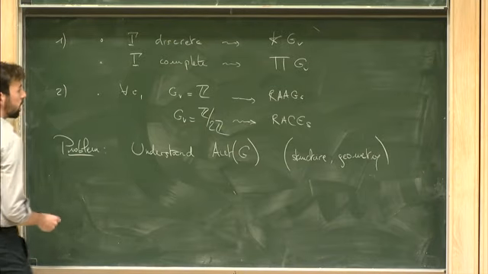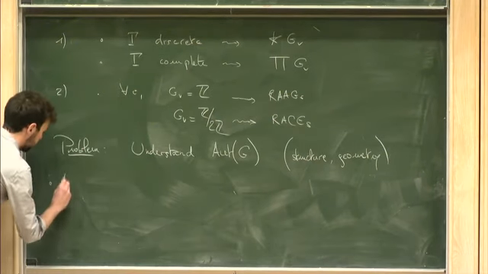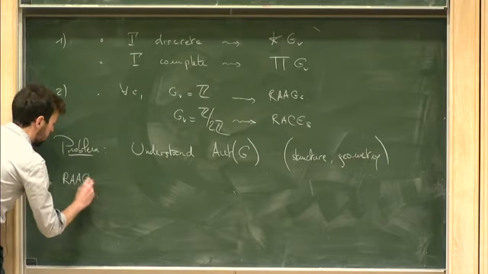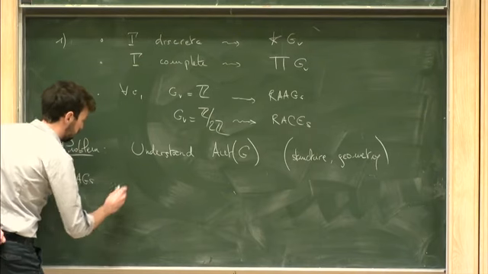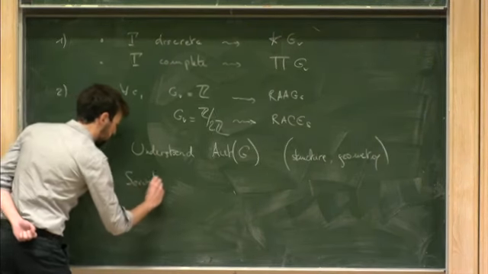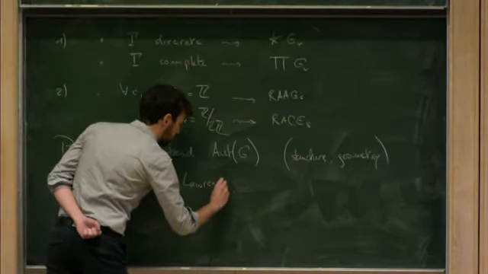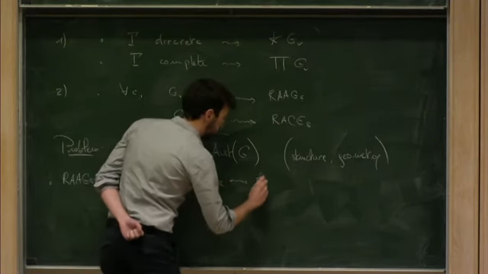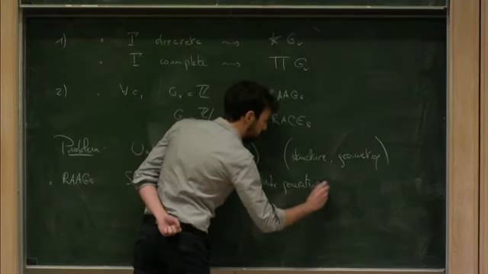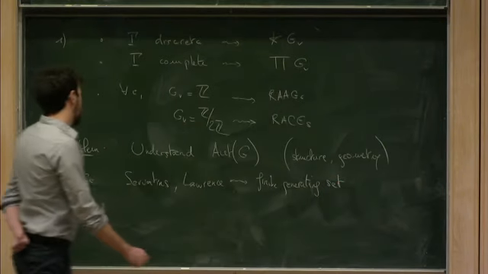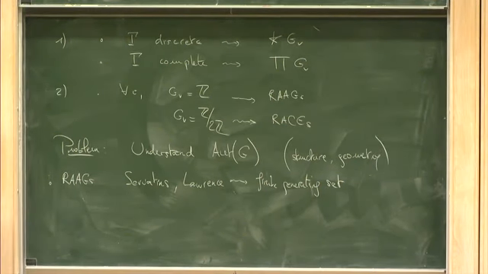For instance, in maybe the most studied case, the case of RAAGs, we've got a complete description of the automorphism group, in particular by work of Servatius and Laurence. We get a finite generating set, and the geometry of RAAGs is also very well studied.